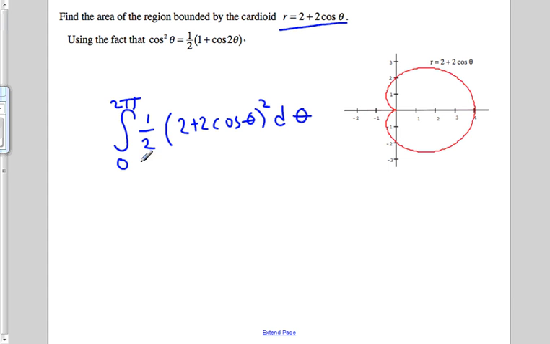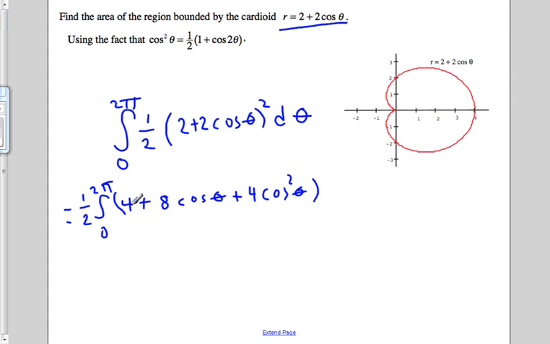So let's do the work here. 0 to 2 pi. I'm pulling the 1/2 out in front for right now. Four plus 8 cos theta plus 4 cos squared theta d theta.